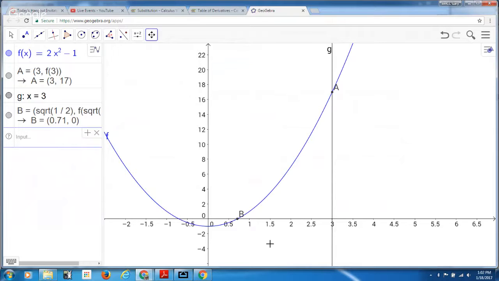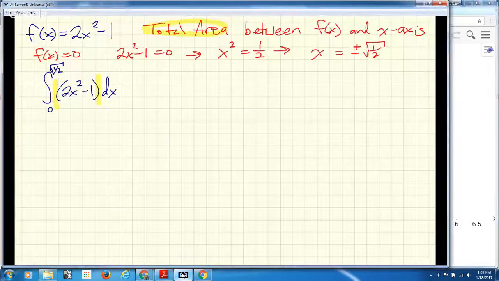So ultimately, whenever we're finding total area, we need to consider the absolute value of the function, right? Oops, wrong picture. There we go, sorry about that. So again, total area is what I'm looking for. Just double check by calculating that. So you'll see we'll come up with a negative answer for just that chunk.